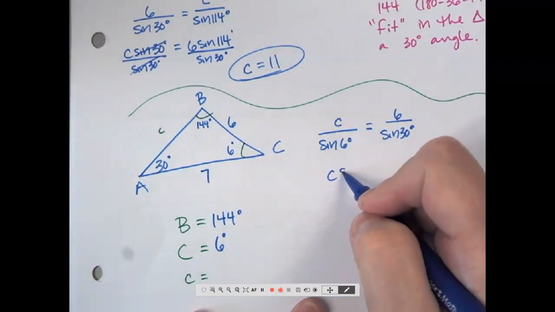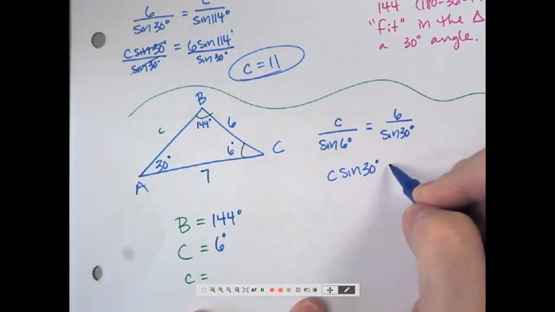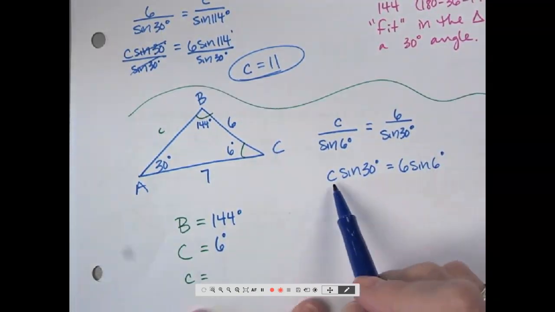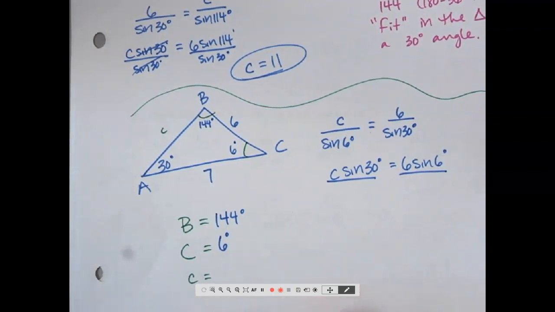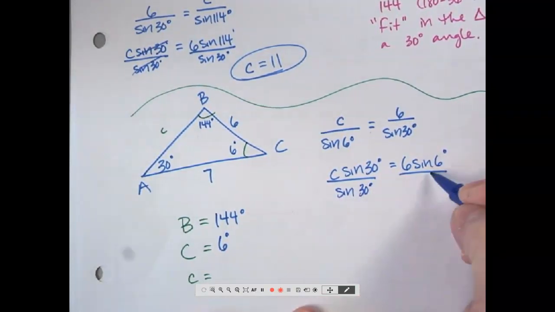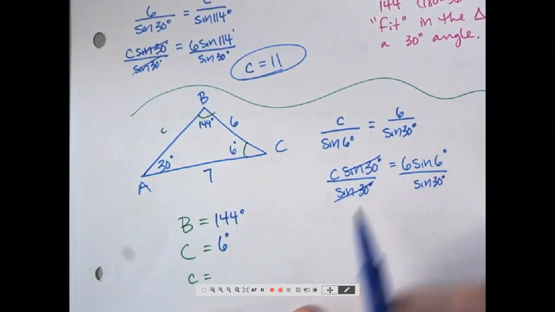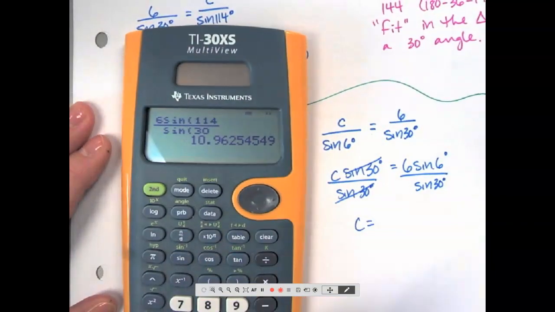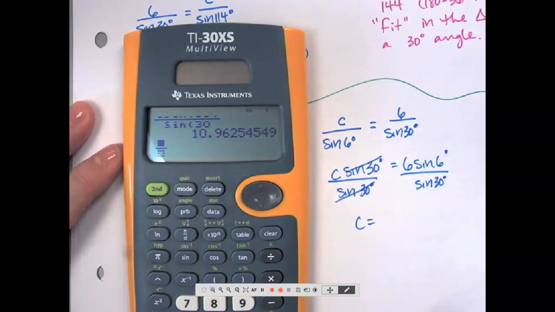Cross multiply. Divide by what? Sine 30. Am I doing inverse on this one? No, I'm not looking for an angle. Just the side C. So type in that fraction.